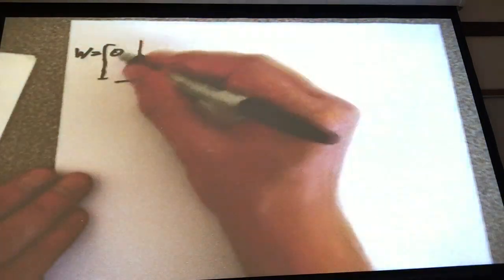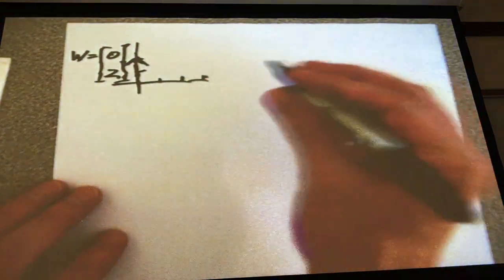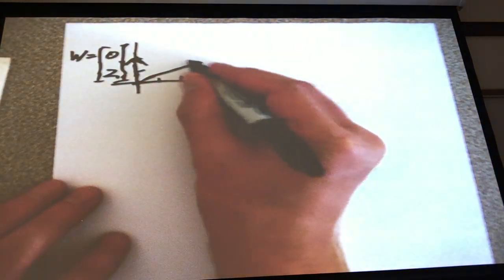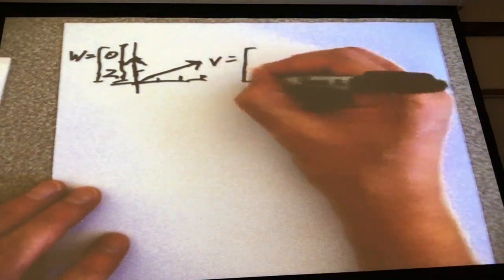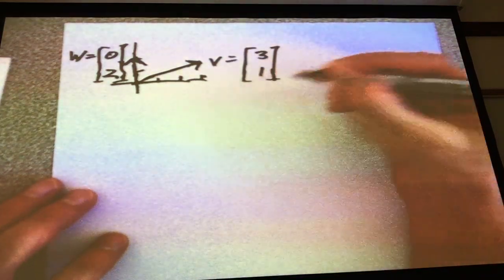And we're going to find W to be 0 and 2. So 0 in the x direction and up by 2 in the y direction. All right, so now I'm going to go up 1, 2, and 3, and we're going to go up by 1. So I'm going to define V to be 3 and 1.